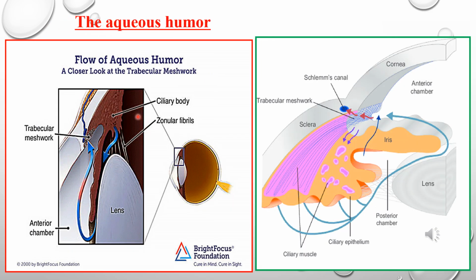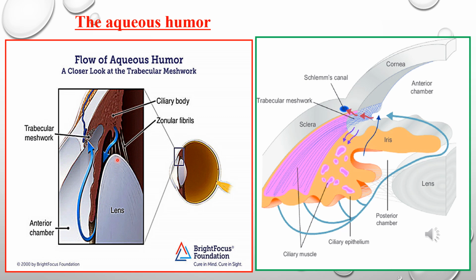The aqueous humor is a thin watery fluid present in the anterior and posterior chambers. It is similar to serum in having no fibrinogen, so it can't clot, but it has lower protein content.